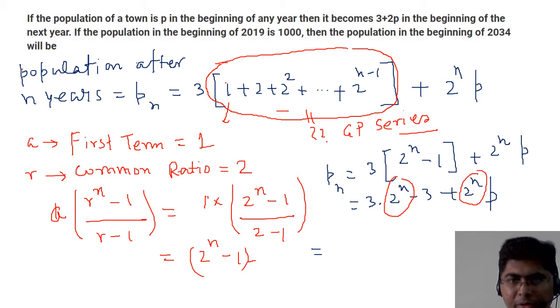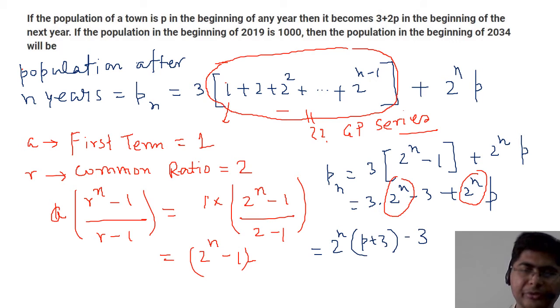These are common. So 2 to the power n times P plus 3, and then minus 3.